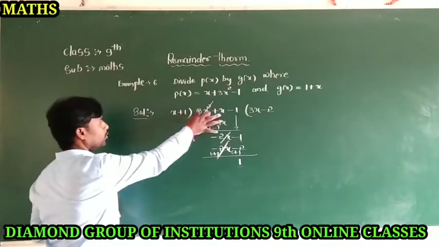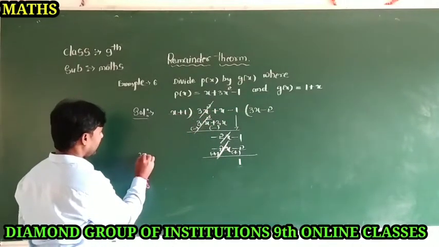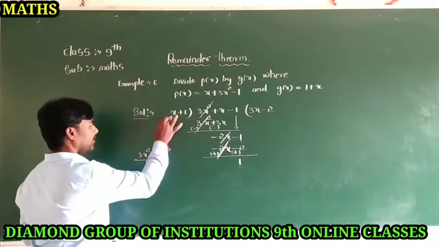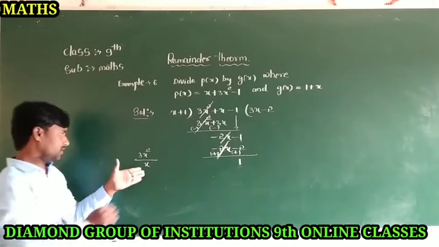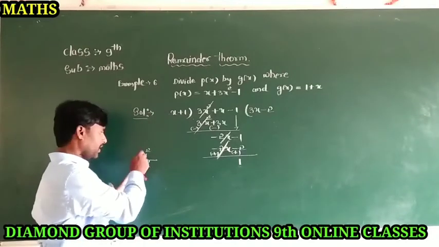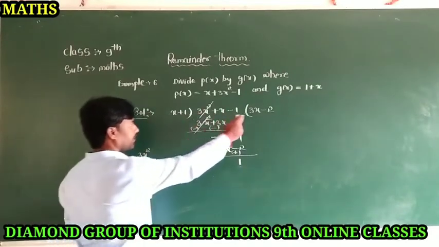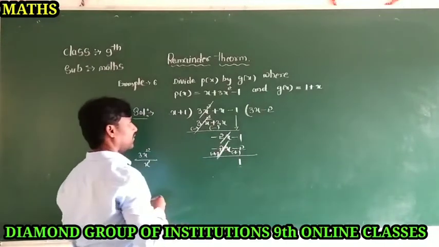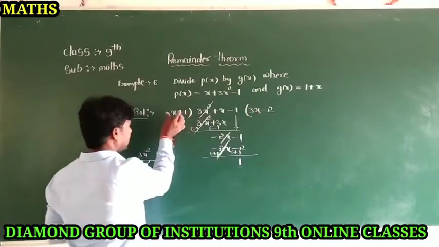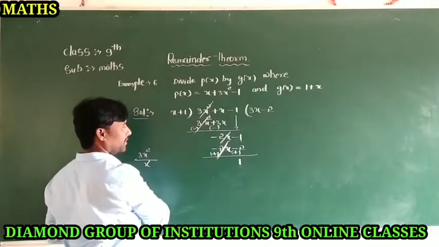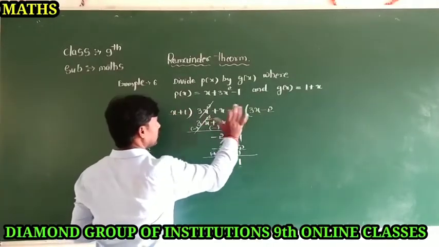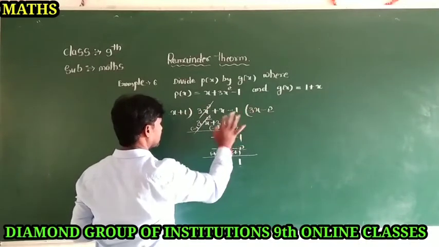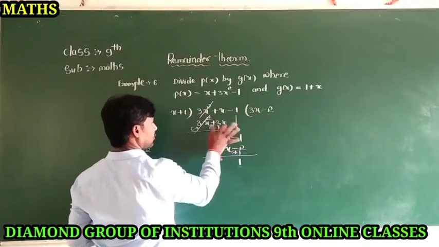Next, I took the first term, that is 3x square, and here the first term is x, dear students. When we do the division, x power of 2 divided by x power of 1 means the answer comes as 3x power of 1. Afterwards, this 3x and this binomial, you should do the multiplication. x into 3x is equal to 3x square, plus into plus equal to plus, 1 into 3x is equal to 3x.